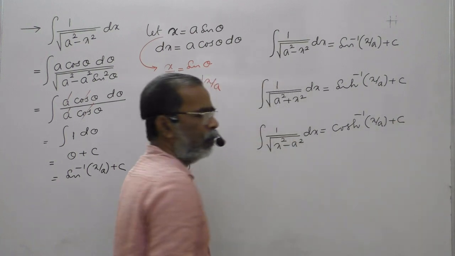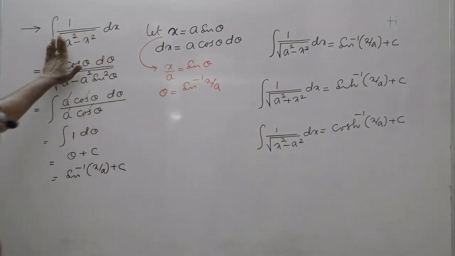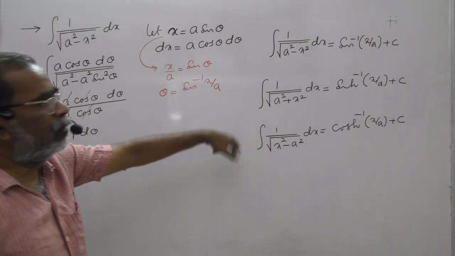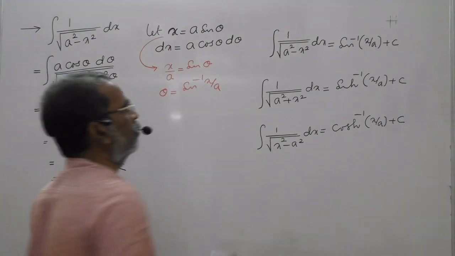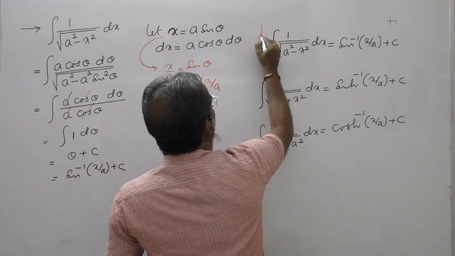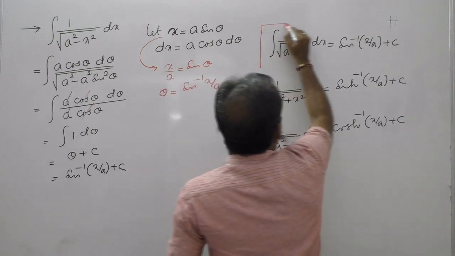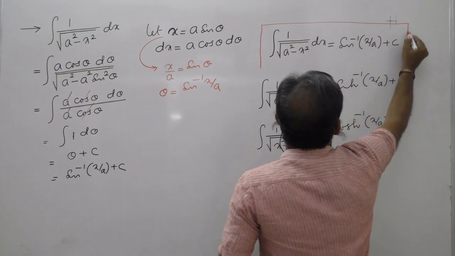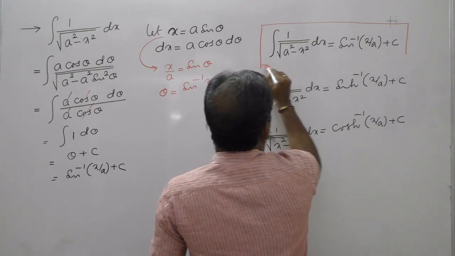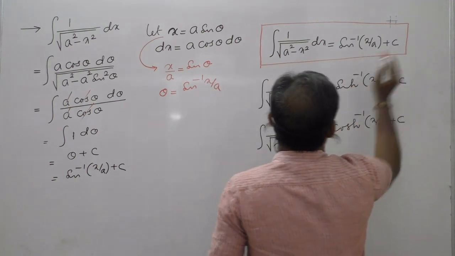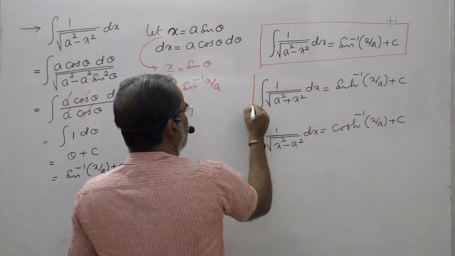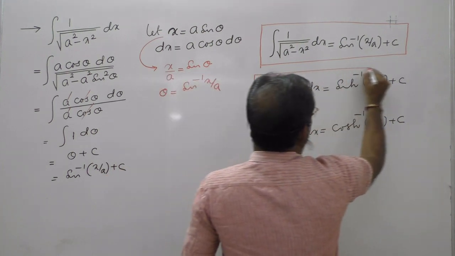These are the three more. I have done the first one. Similarly, these two can be derived. So these are three more formulae. These 9 standard integrals are very, very important. Students only get confused.